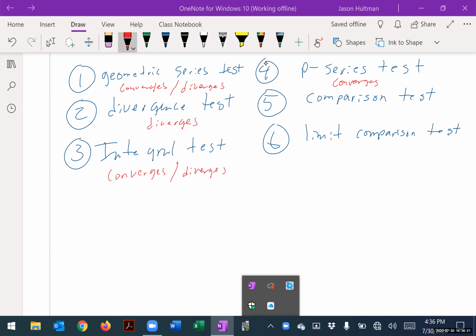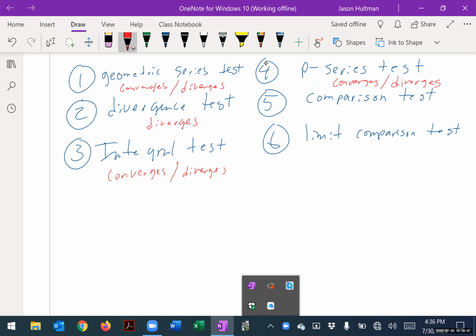Okay, the p-series test also tells me if it converges or diverges. That's good. The comparison test: if certain criteria are met, then it tells me it converges or diverges. I want to talk about that for a second though. This one is tricky.